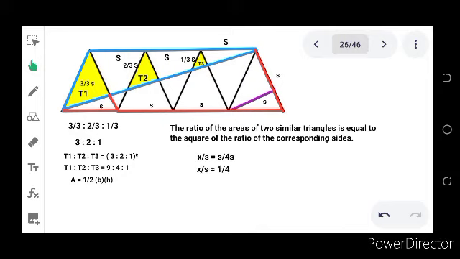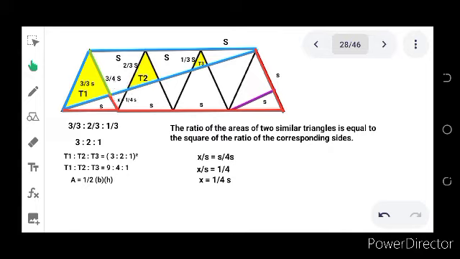Solve for X, then you have X over S equals 1/4, and that gives you X equals 1/4 S. Therefore, this is now 1/4 S. That means the base here is now divided into two parts: 1/4 S, that means 1/4 of the side, and this one. Since the entire length is S, and you already have 1/4 S, this side here results when we take 1/4 from S. That means this is just 3/4 S.